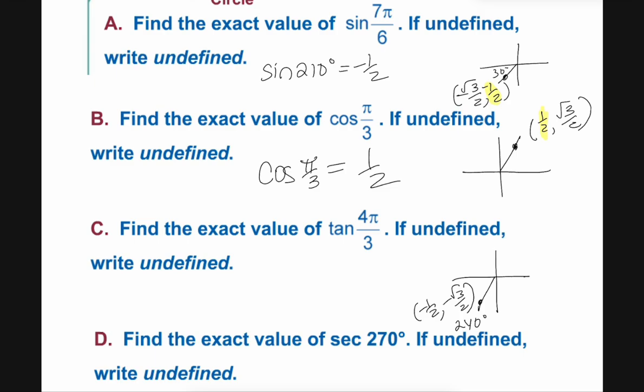Now the tangent, remember, is the y value over the x value. So the tangent of 4 pi over 3, just take my y value, negative square root of 3 over 2, over my x value, negative 1/2.